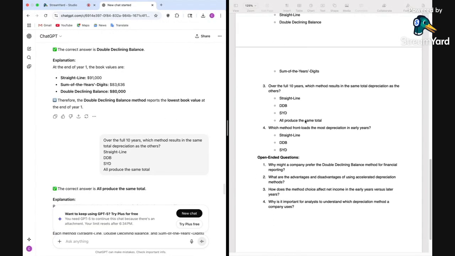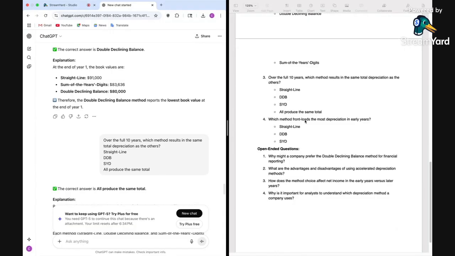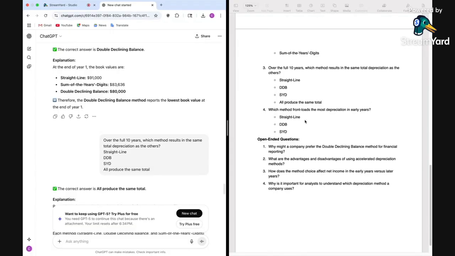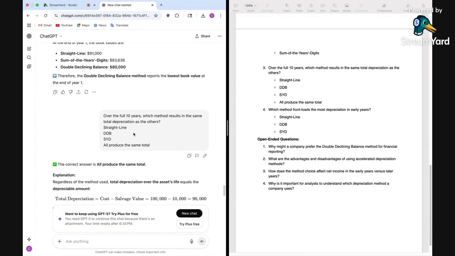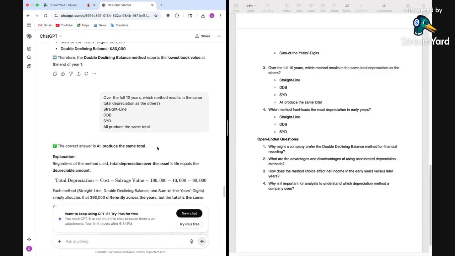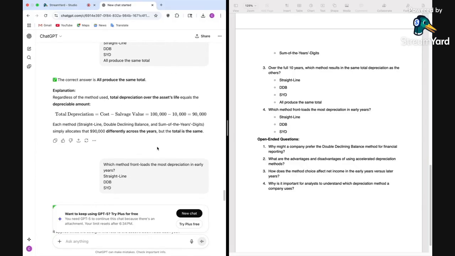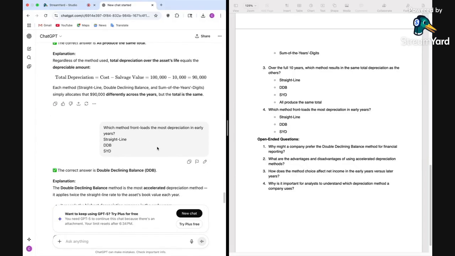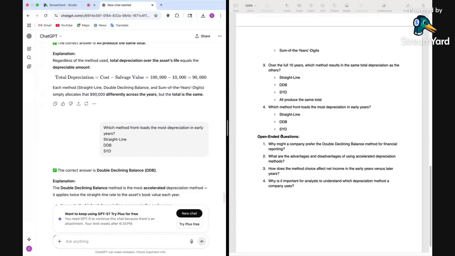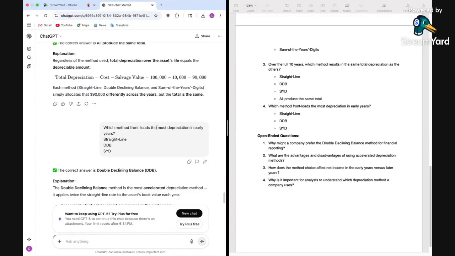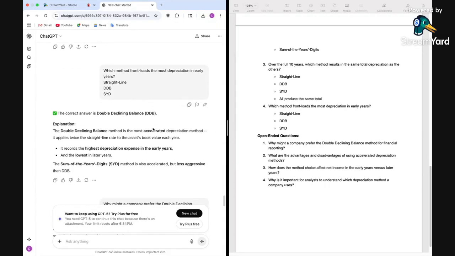For the next question, over the full 10 years, which method results in the same total depreciation as the others? All of them produce the same value because $10,000 is the salvage value. It also shows the total depreciation amount. It's all going to be the same because you want the same salvage value.